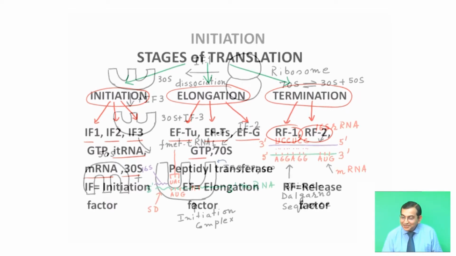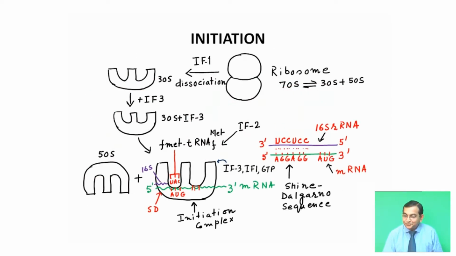In the initiation process, the 70S ribosome is dissociated into 30S and 50S subunits. This dissociation process is carried out by initiation factor 1.